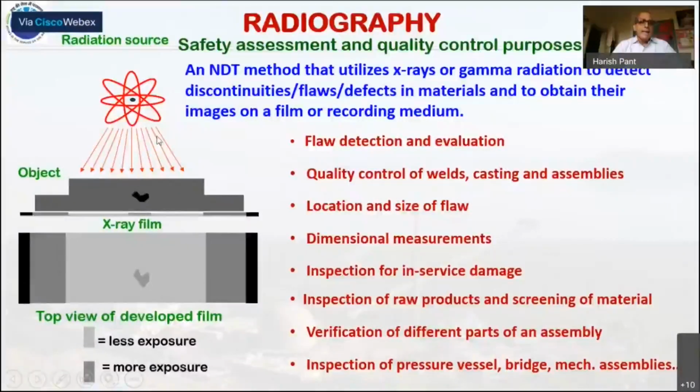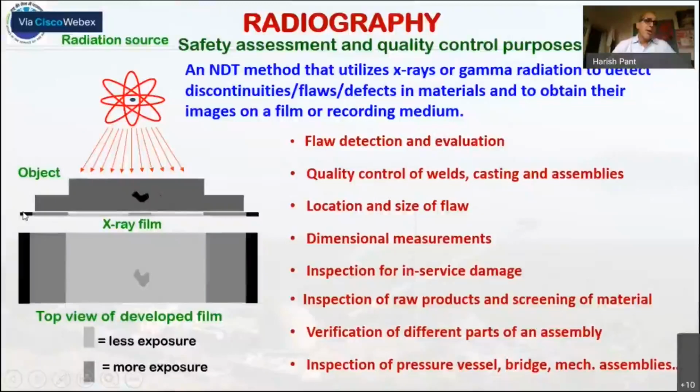Now this object is exposed to radiation, mainly cobalt 60 or iridium 192 for a thick object, and you can see that on the other side one radiographic film is mounted, and when this is exposed for a sufficiently long period of time, and then that film is taken and developed, you can find the different optical densities on the film.